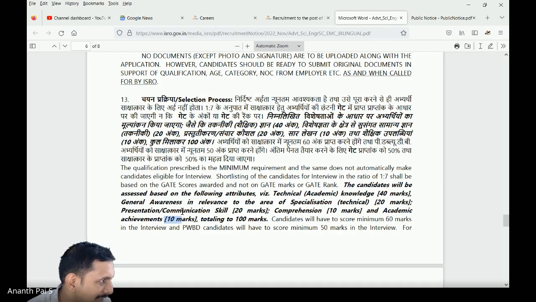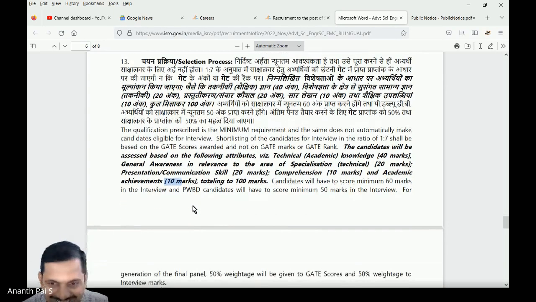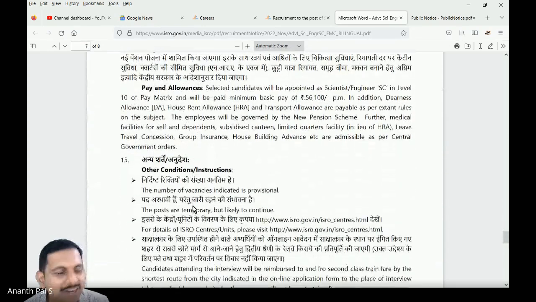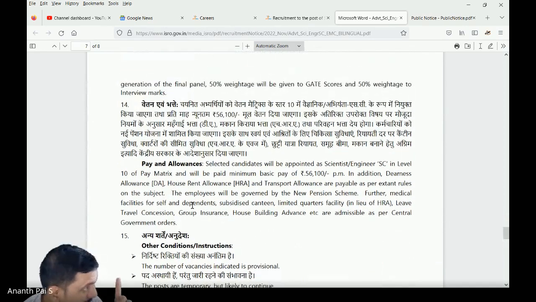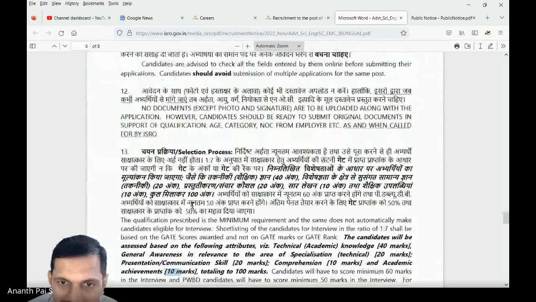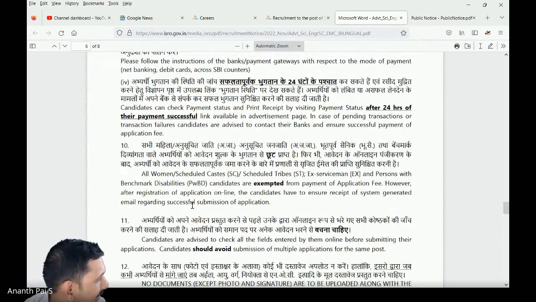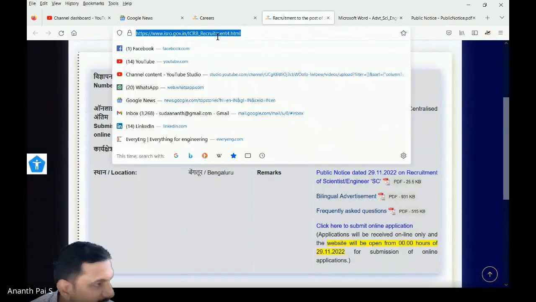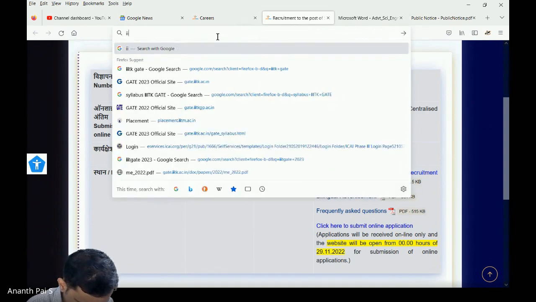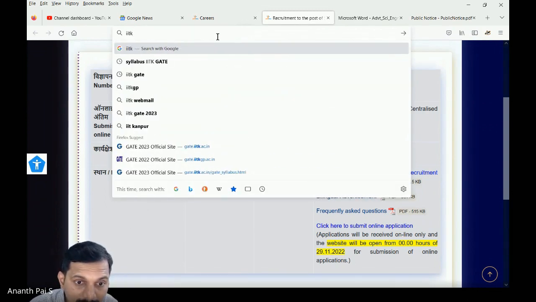GATE rank is not academic achievement because everybody is there in GATE rank. Or maybe you have some papers that will count, but it's only 10 marks. So he has got the first rank in some competition. That helps. Okay. IITK.